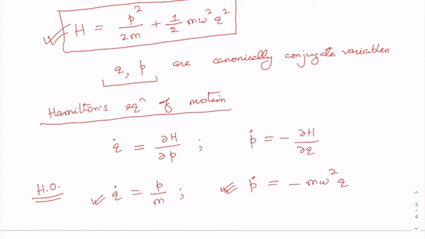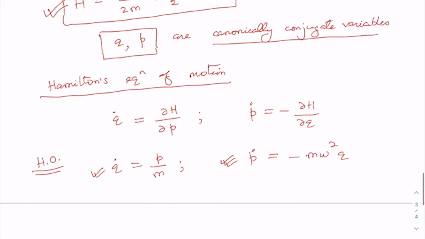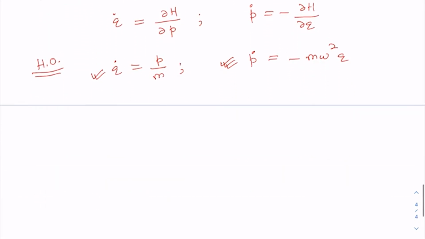So these variables q and p satisfy the so-called Hamilton's equations of motion, and that's why they are called canonically conjugate variables. And apart from that, these canonically conjugate variables q and p satisfy the so-called Poisson bracket.